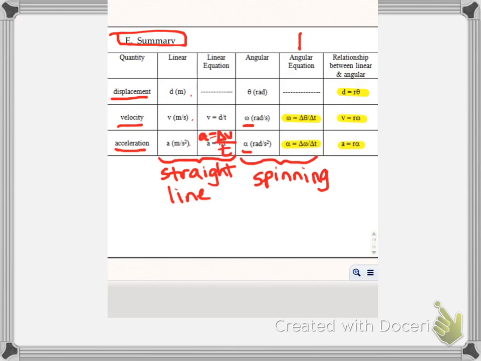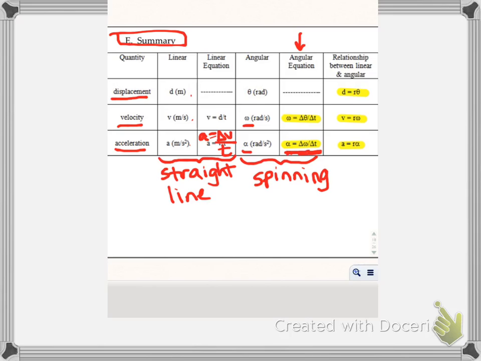And so in this column, we have the angular equation equivalent to the ones we've already studied. Velocity was displacement over time. We're simply adding the word angular in front of those terms. So now angular velocity is angular displacement over time. And instead of acceleration being change in velocity over time, we have angular acceleration is change in angular velocity over time.